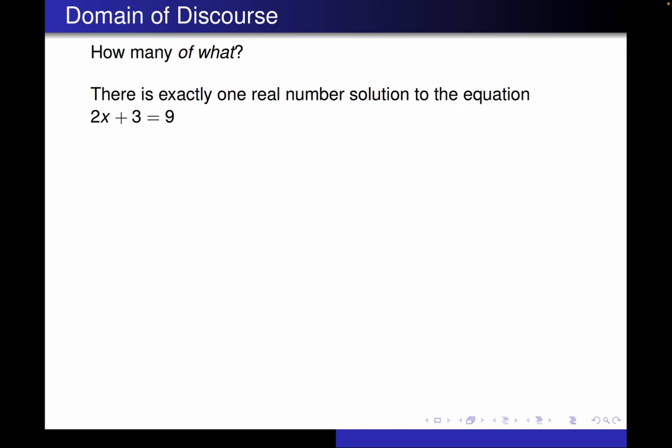How many solutions of what? We're not talking about solutions being matrices or being Boolean values. We're talking about them being real numbers. So our domain of discourse in this case is the real numbers. We need to make sure we're clear about that in our quantified statements.